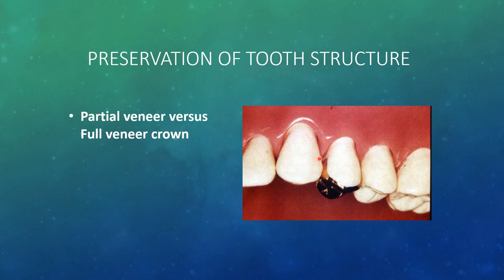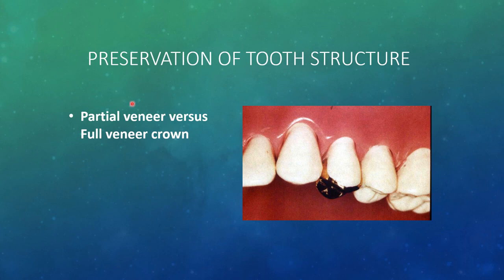In any other case, we are supposed to preserve the tooth structure. You have to prep the teeth according to the standards. You cannot over prep or over contour any tooth structure, because that is going to affect in turn the final prosthesis.